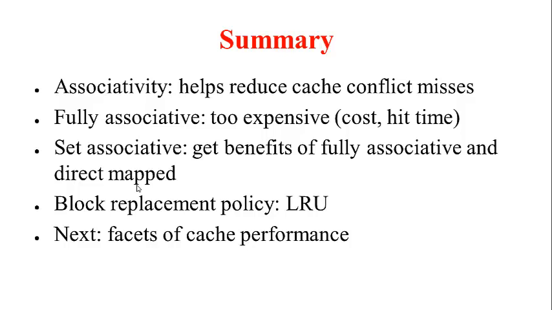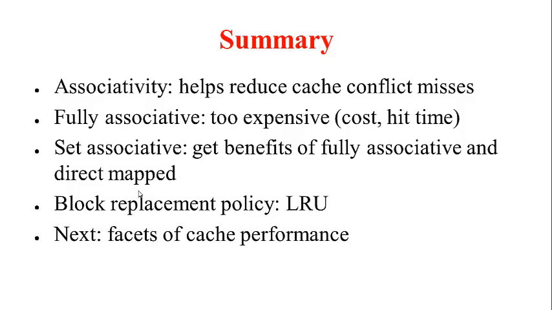To summarize, we have learned associativity as an idea to reduce cache conflict misses. We saw that the fully associative scheme, while being effective in reducing cache conflict misses, is too expensive both in terms of hardware cost as well as in terms of performance due to increase in the hit time.